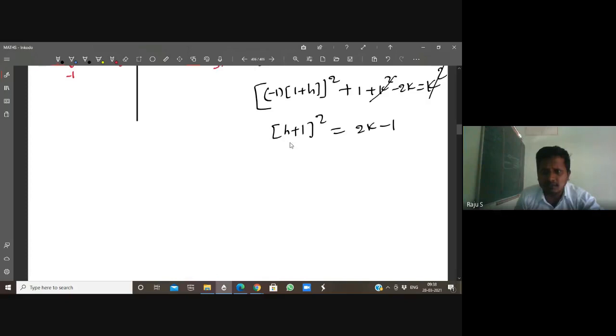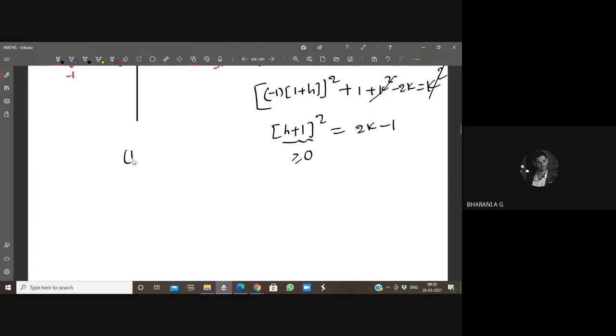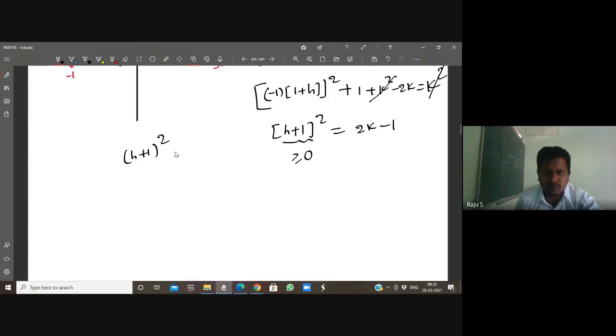And observe, what about the left side value? Is the left side value always greater than or equal to 0, or lesser than or equal to 0? There is a square, so it is greater than or equal to 0. (h plus 1) the whole square is always greater than or equal to 0. It should not be negative because of the square.